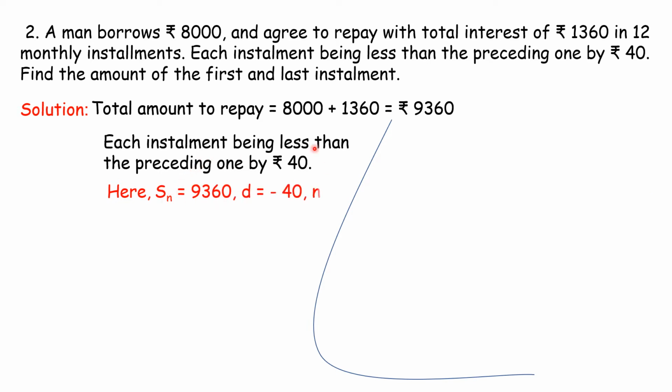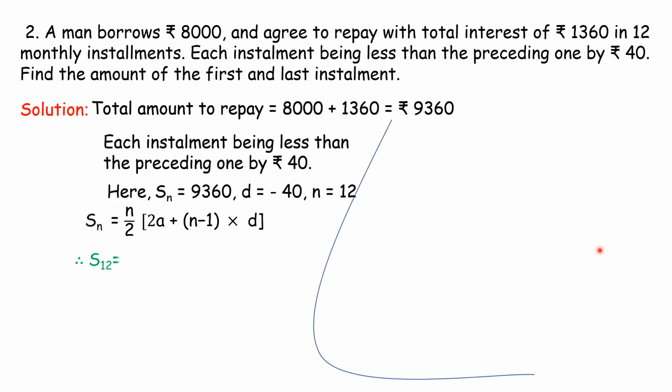Sum of nth term is equal to 9360, d is equal to minus 40 and n is equal to 12. So write down the sum of nth term formula: n upon 2 into square bracket 2a plus in small bracket n minus 1 into d, complete the square bracket.